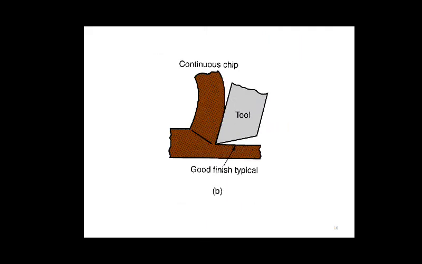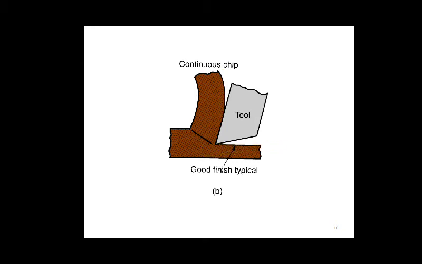A continuous chip occurs with ductile work materials, for example low carbon steel. Here the cutting speed is high and the feed and depth of cut are small. There is a sharp cutting edge on the tool, and you can see there is low tool-chip friction. Due to the continuous chip, the finish is a good finish.